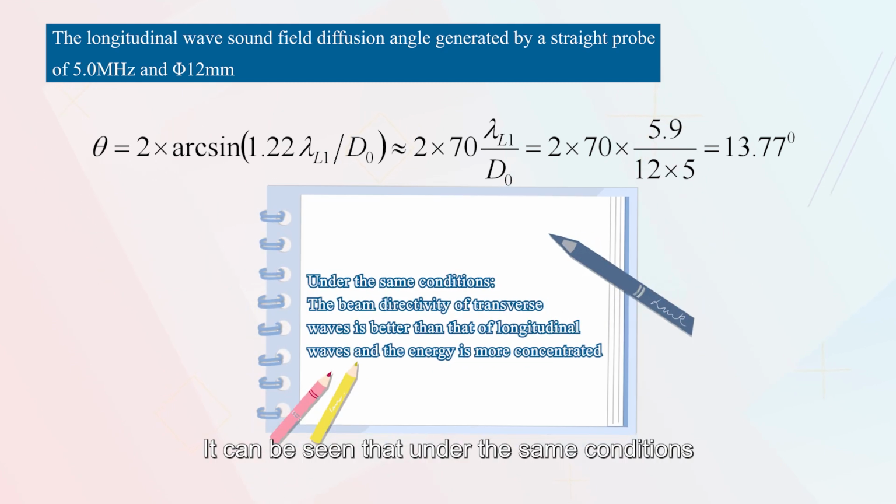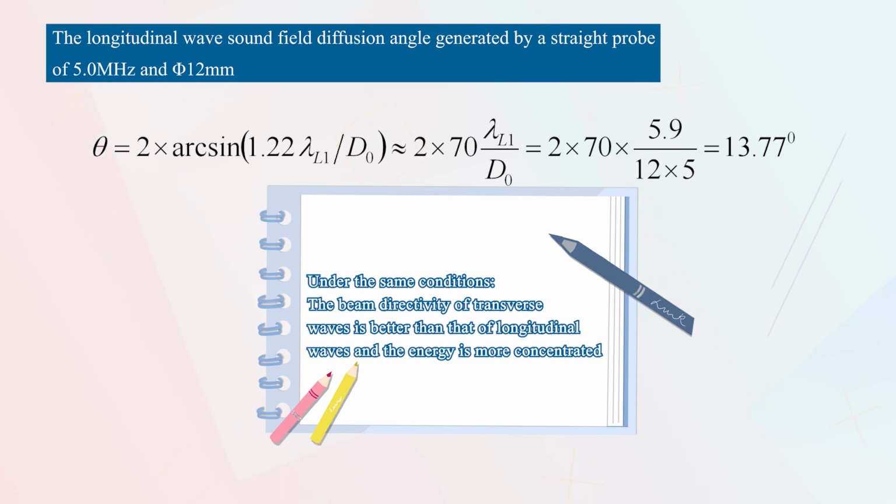It can be seen that under the same conditions, the sound beam directivity of the shear wave is better than that of the longitudinal wave, and the energy is more concentrated. Well, that's all for this point.